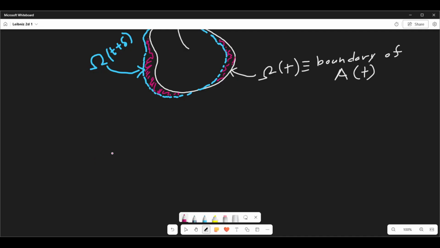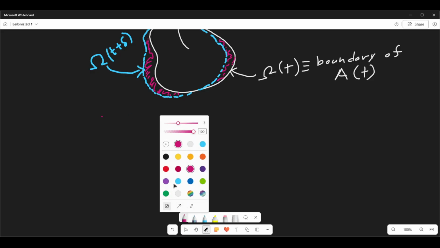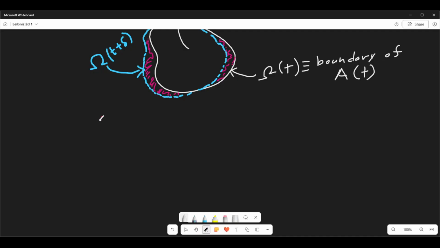So then another way of looking at this, just doing this over again, is I draw this boundary, and this is omega with respect to t. And then I have it moving outwards.